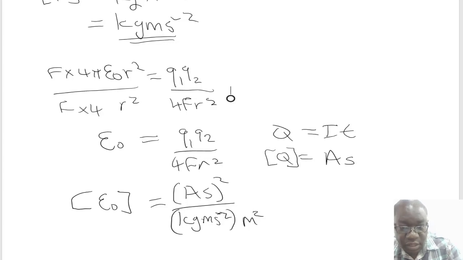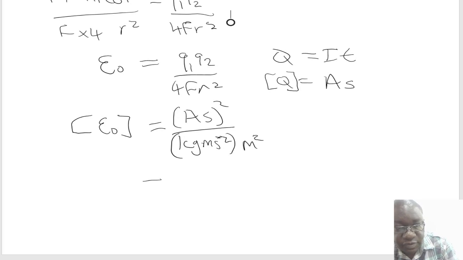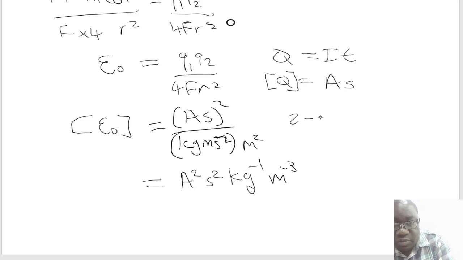Okay, so this then gives you A squared s squared kg to the minus 1, then m and the other m become m to the minus 3, and then this is s to the minus 2.